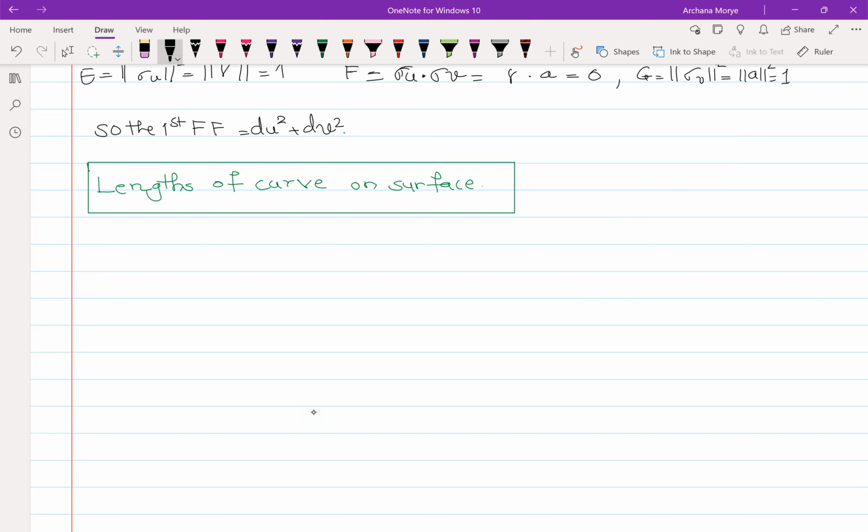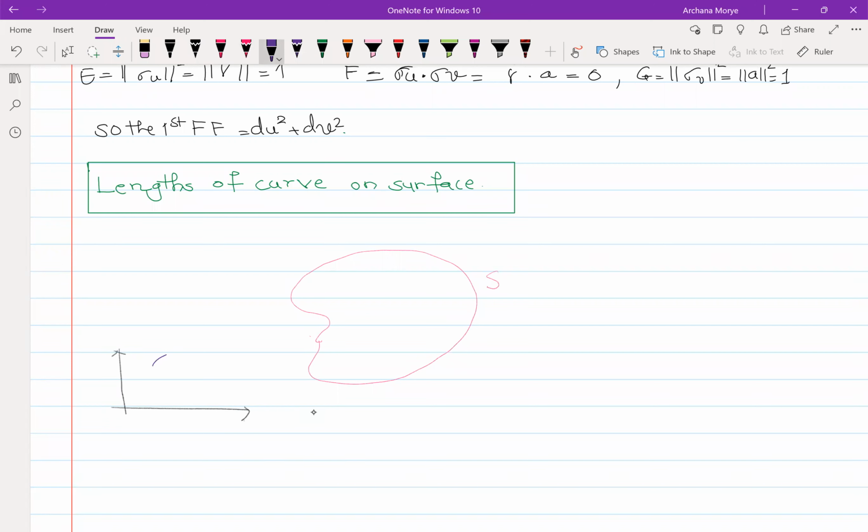So now let us look at the length of a curve. For the length of a curve, first we need to have a curve. But since the fundamental form is defined on a surface patch, we will assume our curve lies inside that surface patch. Okay.